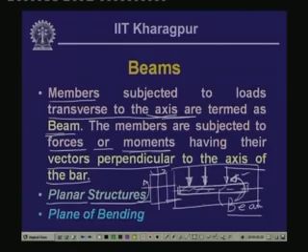When this moment acts about this axis, it lies in the plane of the beam itself. And also, the vectorial direction of both the moments is perpendicular to the long axis of the beam.